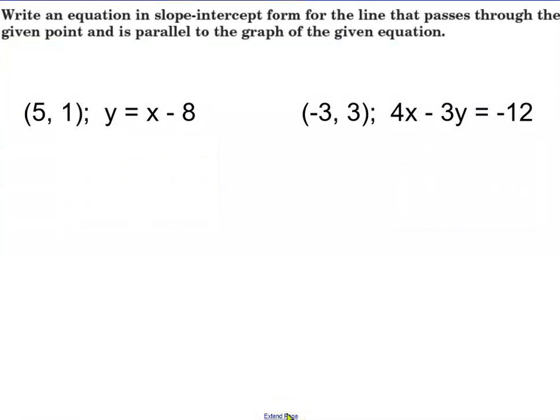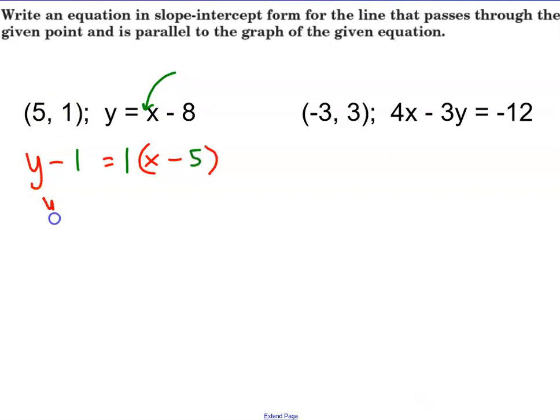If I want a line that's parallel to y equals x minus 8, but passes through the point (5, 1), I'm simply going to use my point-slope form, and I am going to fill in all of the correct values. So y1 is 1, the slope is also 1, remember you can't see it, but it's there, and x1 is 5.